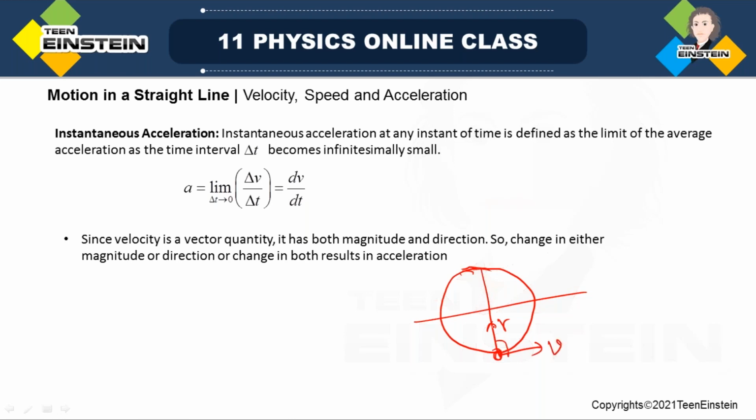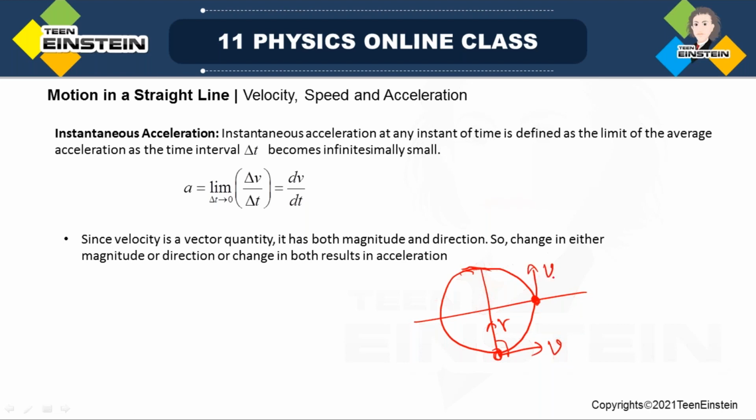At any point on this circular path, the velocity is along the tangent direction at that particular point, but the magnitude remains the same. Direction is changing continuously.